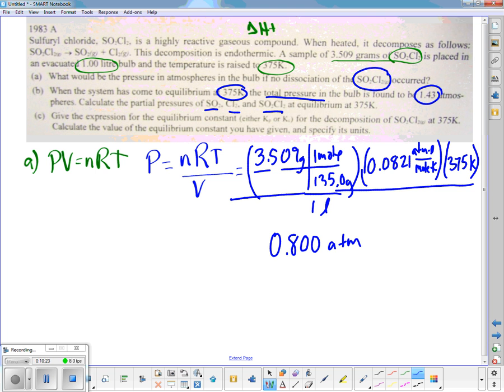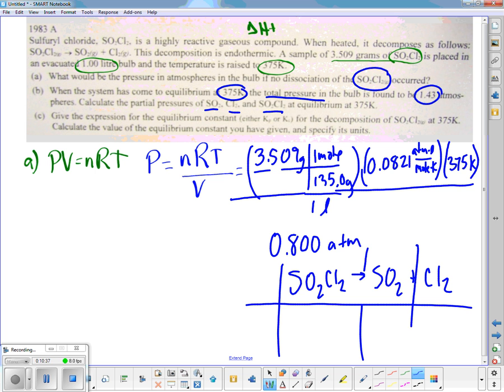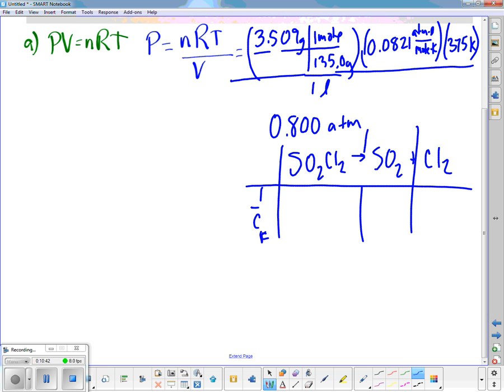So we have SO2Cl2 going to SO2 plus Cl2. And if we set up a quick ICE table, initially, what we just solved for, we had 0.800 with nothing here and nothing here. Then the C is the change, because it said assuming no dissociation.